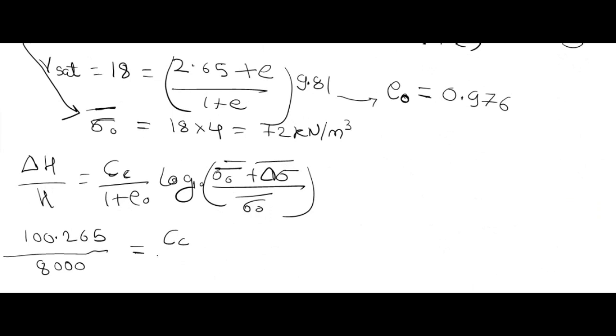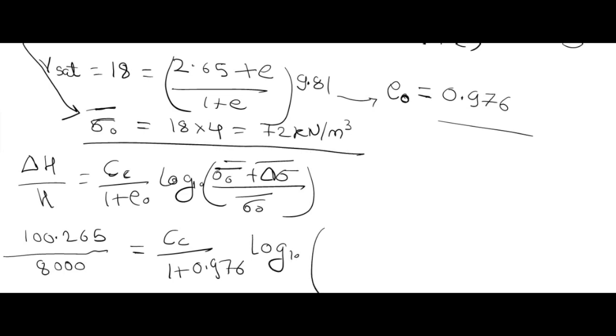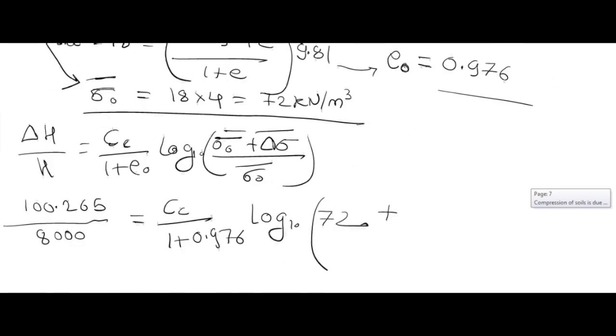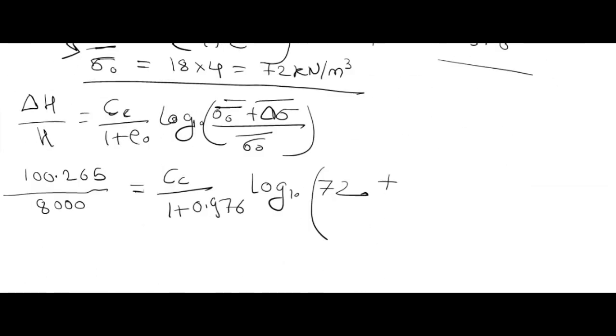For the compression index Cc we need to find out, 1 plus e0, the initial void ratio, was 0.976, multiplied by log10 of the initial effective stress, 72 kilonewton per meter square, plus the change in stress delta sigma. Stress at the center of the clay was sigma 0 bar.